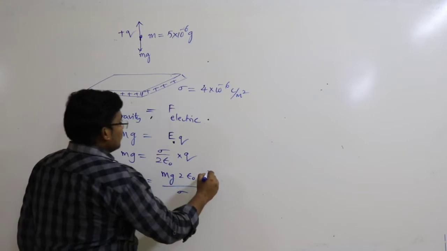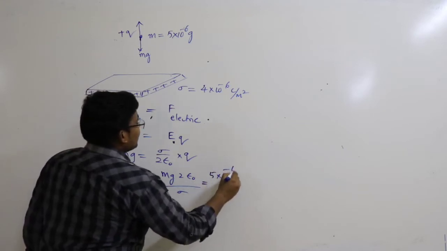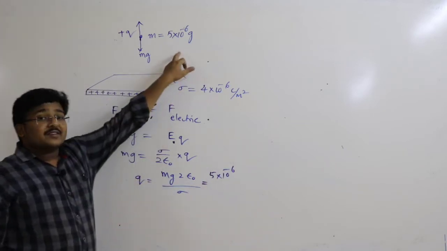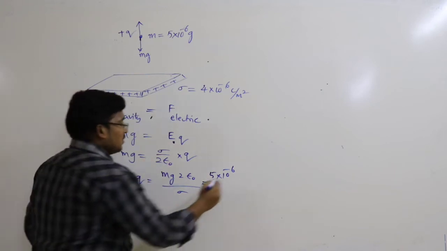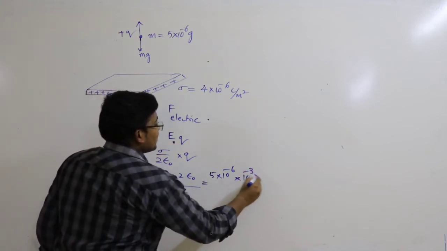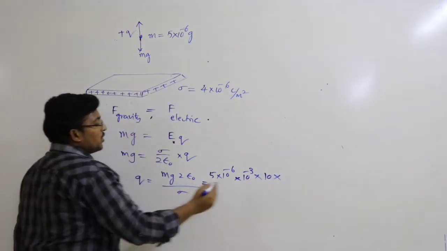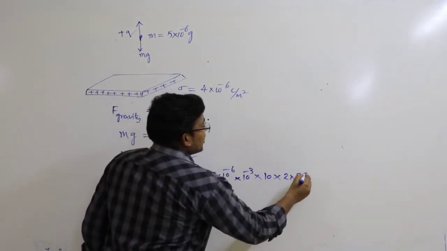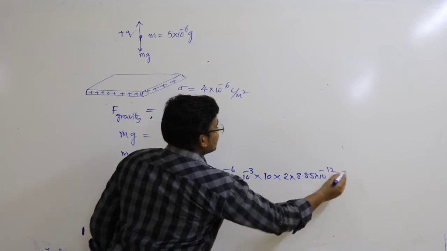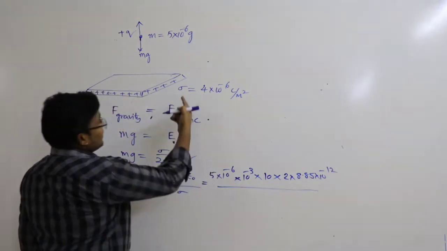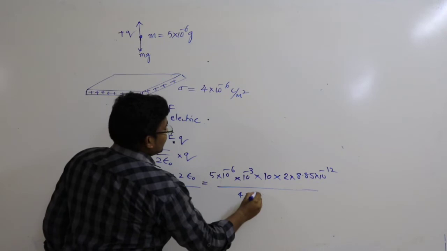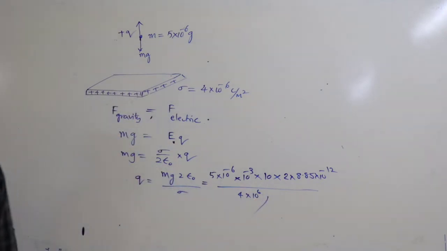The mass value is 5 into 10 power minus 6. See, mass is given in grams, convert into kgs. 1 gram is equal to 10 power minus 3 kg, and take g value as 10, and 2 into epsilon naught value 8.85 into 10 power minus 12 by sigma, which they have already given as 4 into 10 power minus 6. If you do the calculations, you will get the answer.